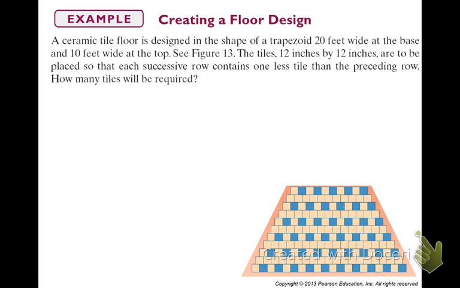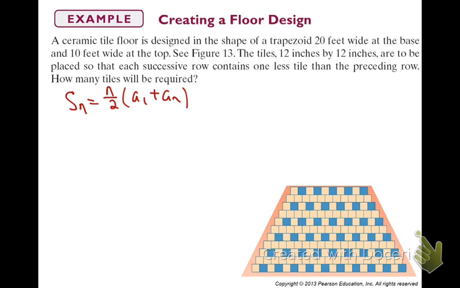So let's write down our summation. So we have to get all of our information to replace into our formula. So let's start off with the ceramic tile floor is designed in the shape of a trapezoid, 20 feet wide at the base.